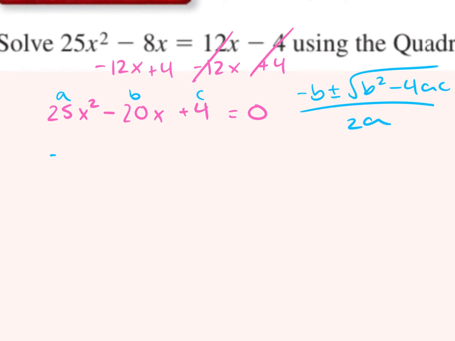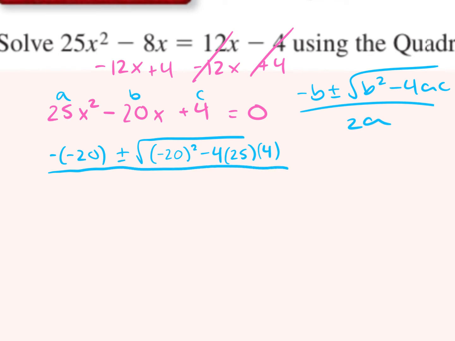So this would be negative 20 plus or minus the square root of negative 20 squared minus 4 times 25 times 4 over 2a, which is 2 times 25.